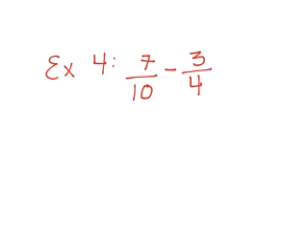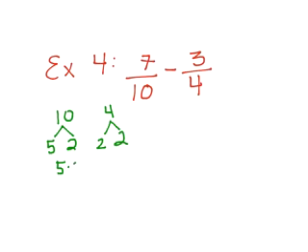And this is our last example, guys. We are subtracting two fractions that have a different denominator. So I need to get the least common multiple of 10 and 4. So 10 is divisible by 5 and 2. 4 is divisible by 2 and 2. Following the steps that I showed you guys before, we're going to go ahead and write 5 times 2.